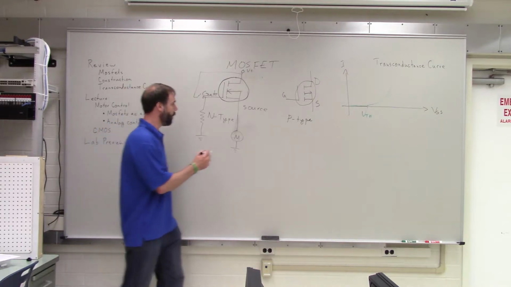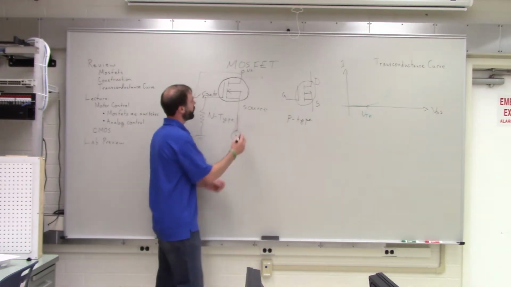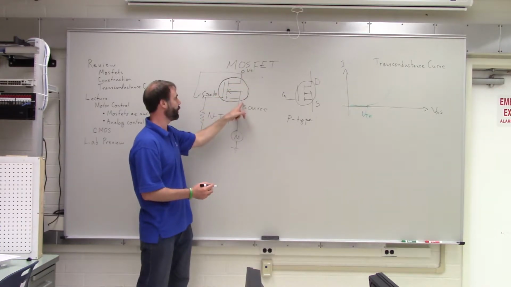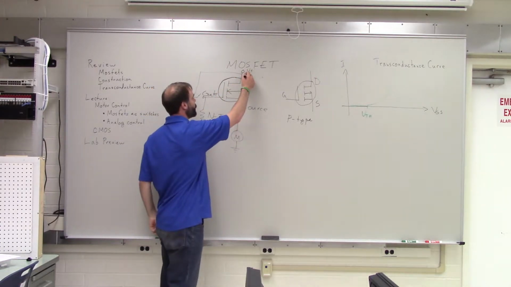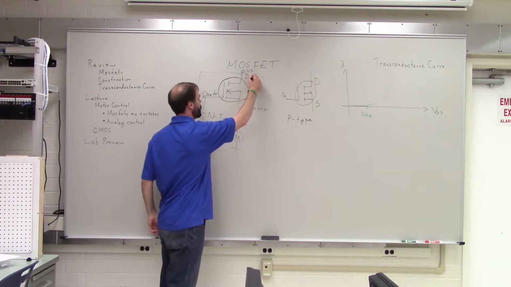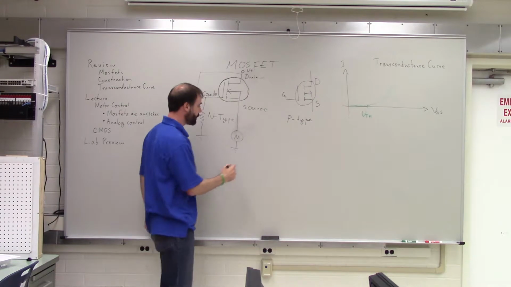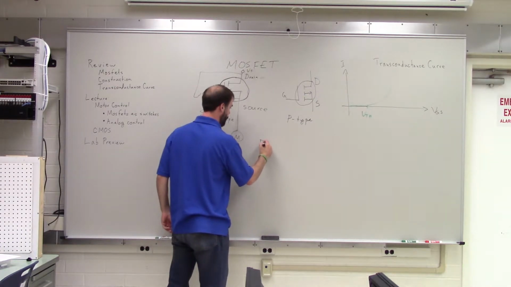So when it's totally on, it's acting pretty much like a straight wire. So there's no voltage between the drain and the source. So the power equation is Watt's law.